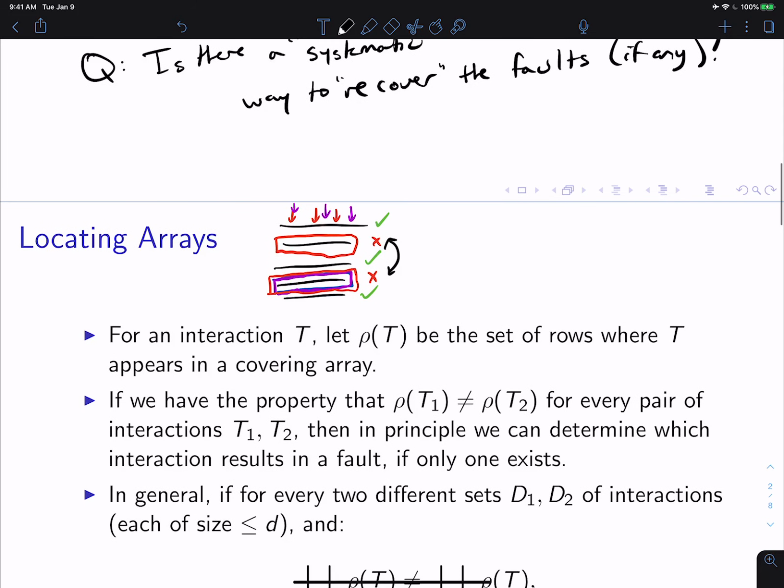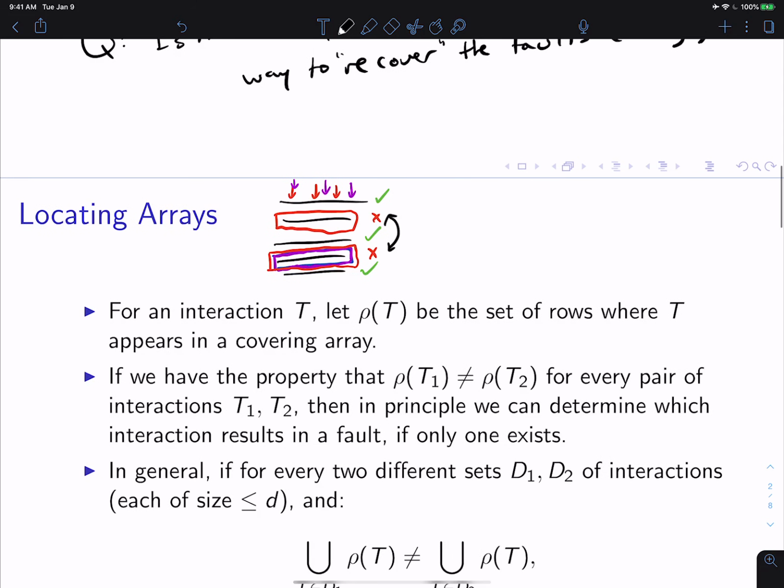So here's the definition. We're going to let row of T be the set of all rows where T appears.